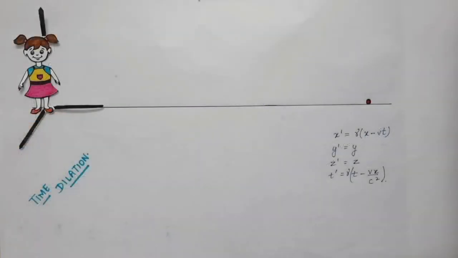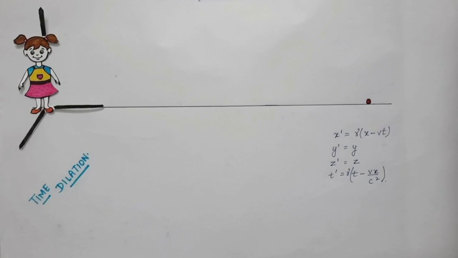Next we are going to do the concept of time dilation. The basic idea is that time gets dilated in a moving frame. As we said in the case of length contraction, when the object is moving with respect to you, its length gets contracted.